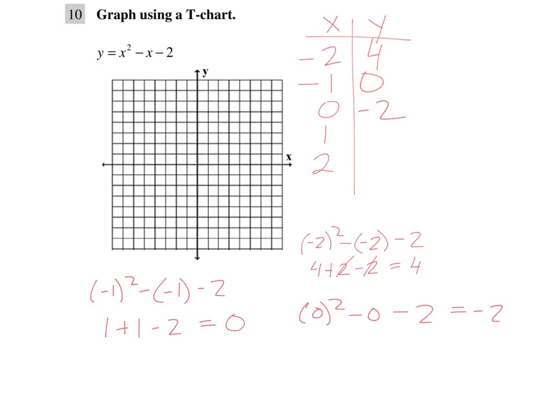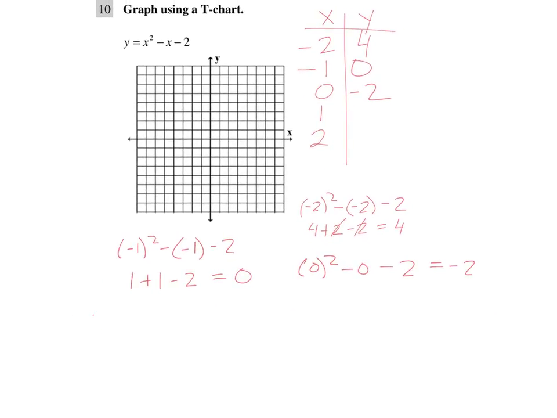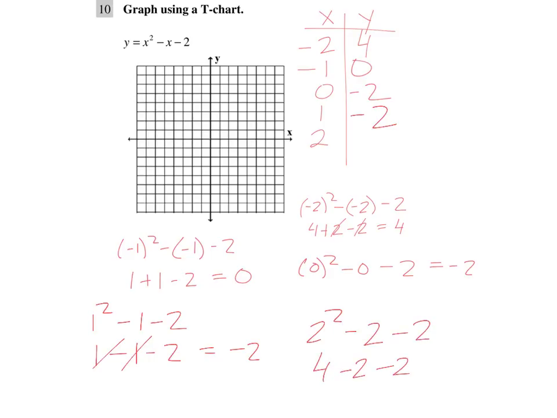I plug in 1, and I get negative 2. And I plug in 2, and I get 0.